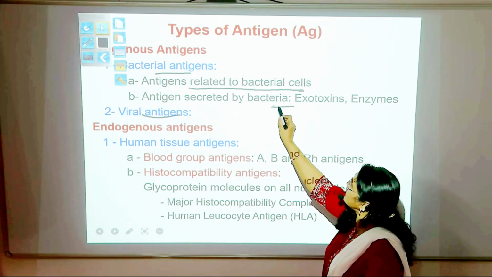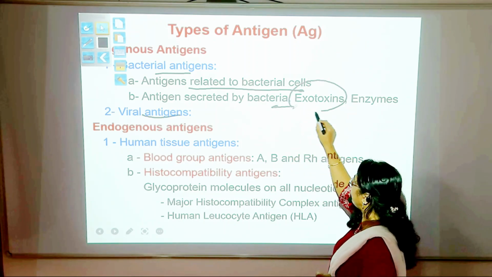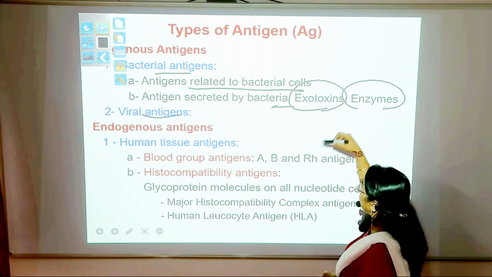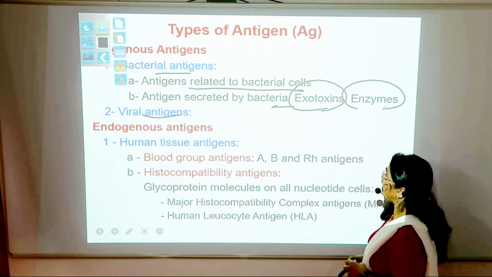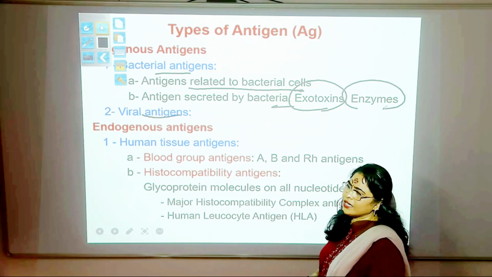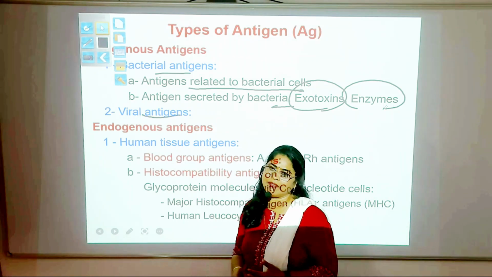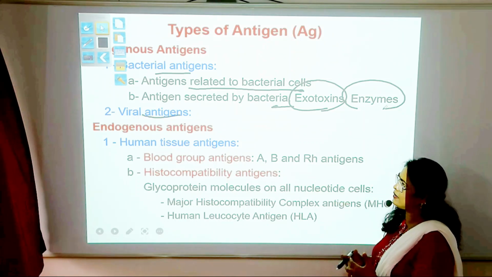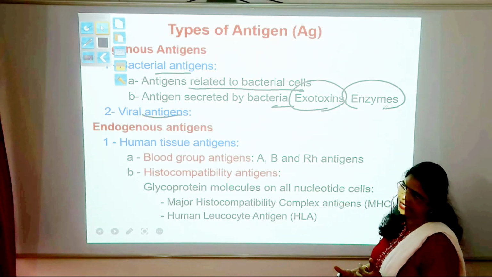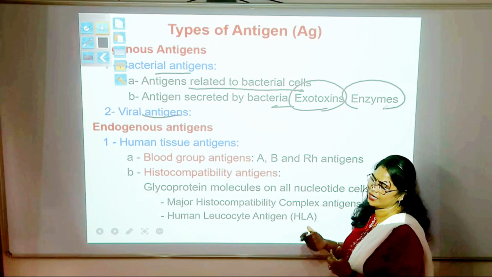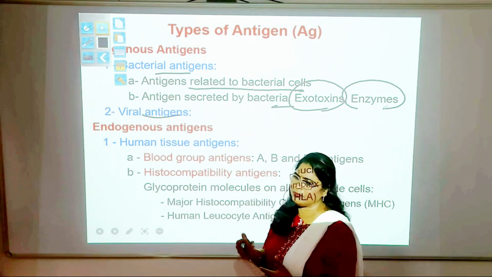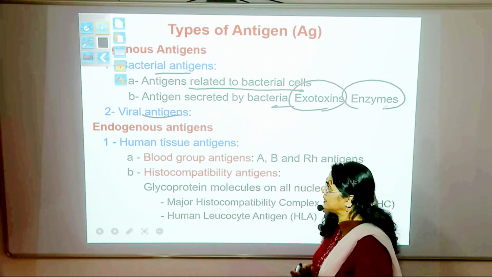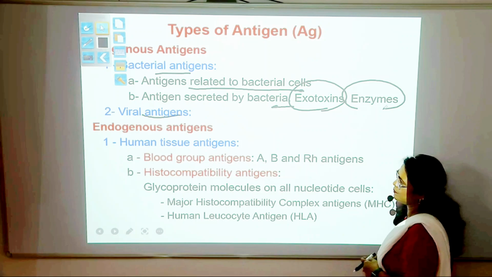Antigens secreted by bacterial cells, such as exotoxins, or a few of the enzymes released by the bacteria, will also behave as an antigen. When these enter into the body and behave as an antigen, we call it an exogenous antigen.